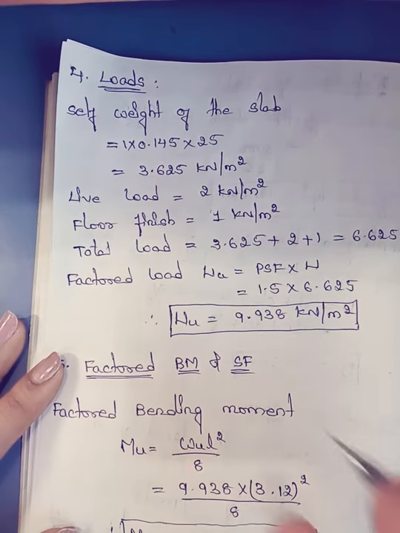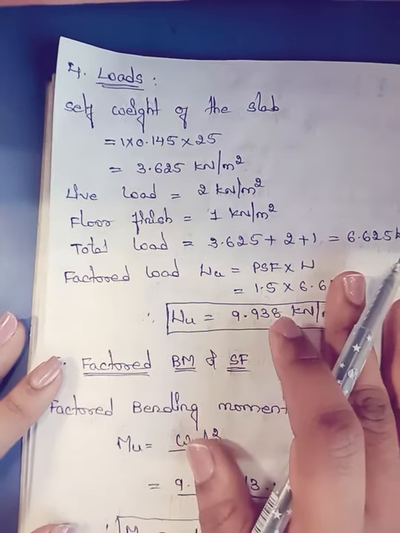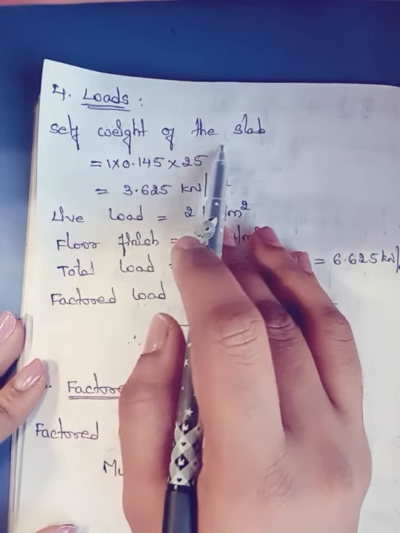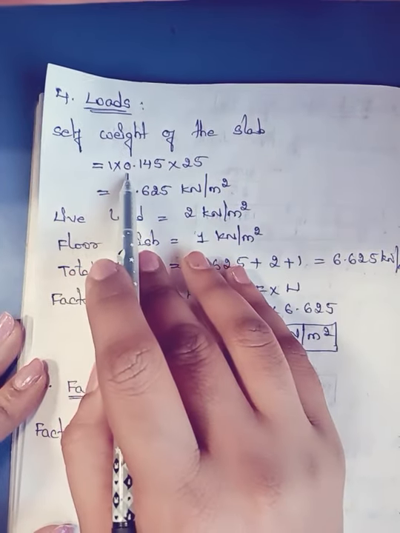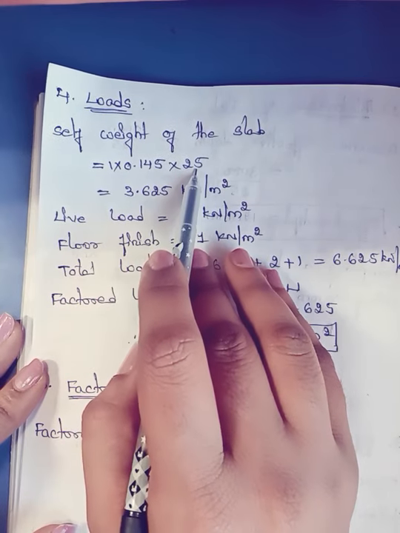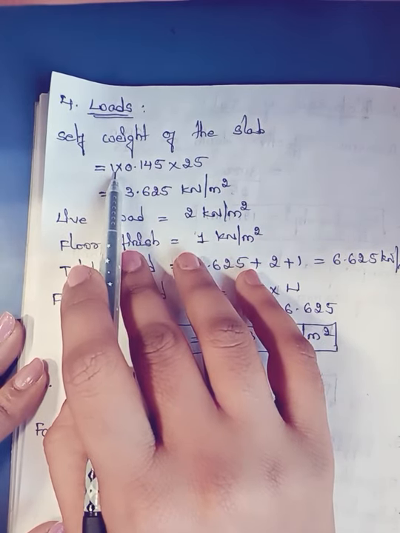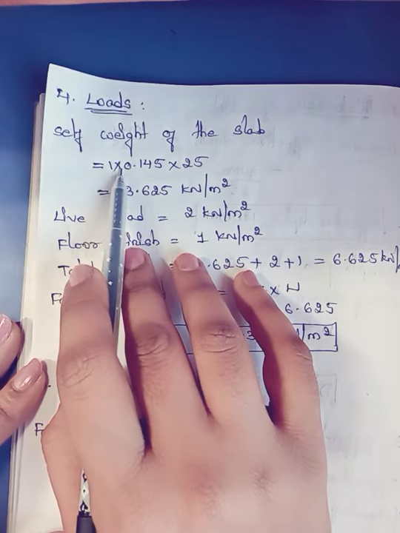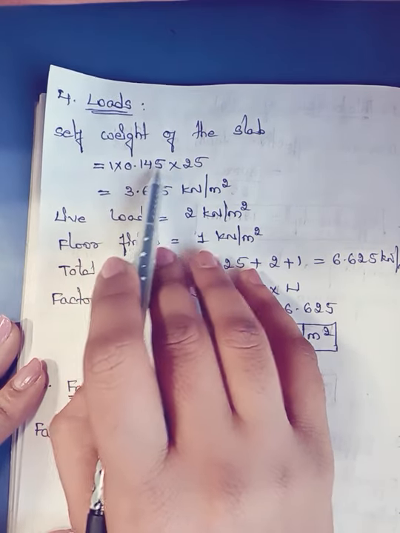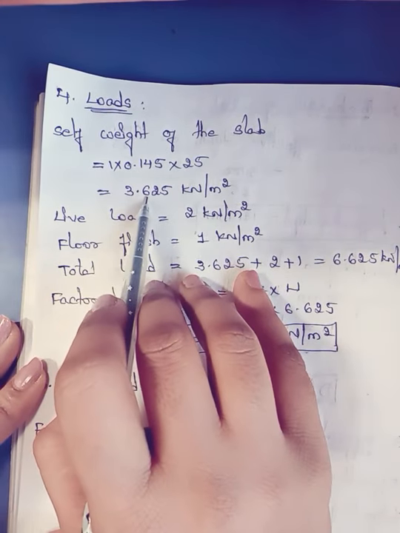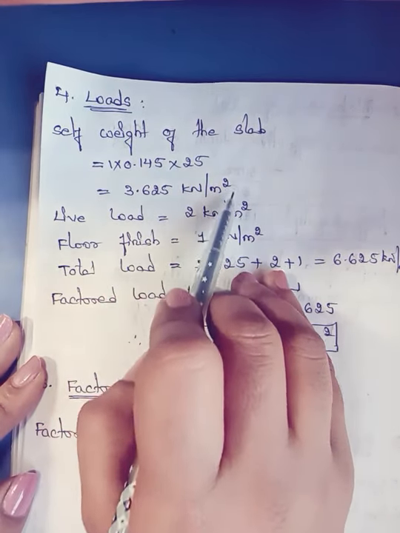So after calculating the effective depth, effective span, overall depth, we need to calculate the loads. Self weight of the slab is equal to B into D into unit weight of RCC. B we are taking as 1 meter. So 1 meter into 0.145, which is the overall depth, into 25, which is equal to 3.625 kilonewton per meter square.